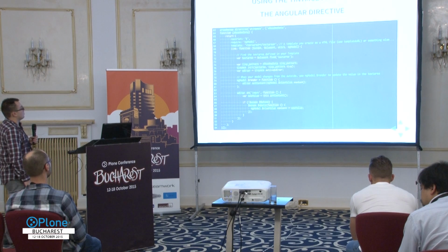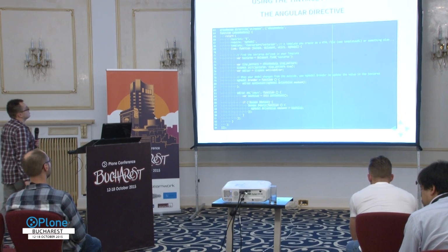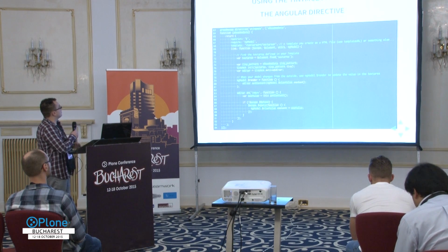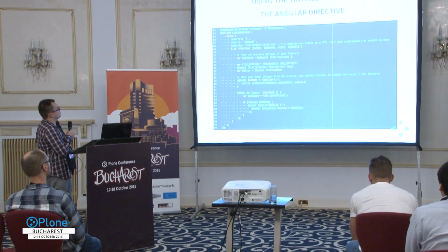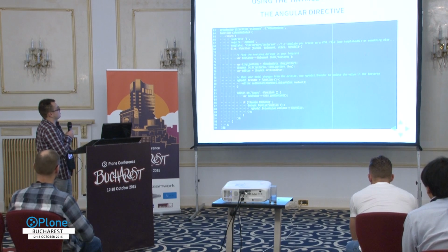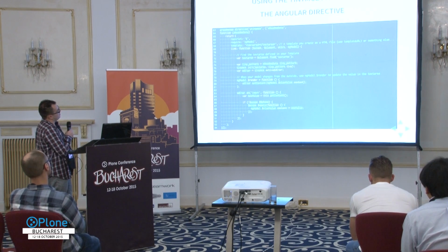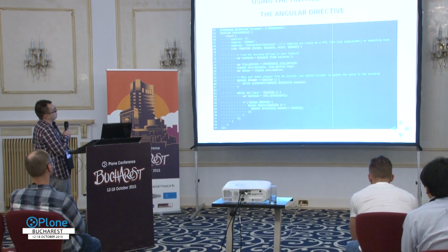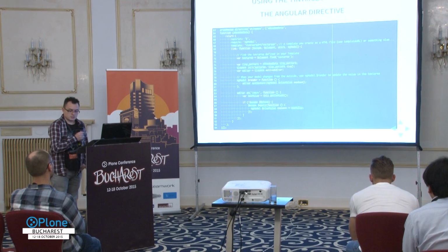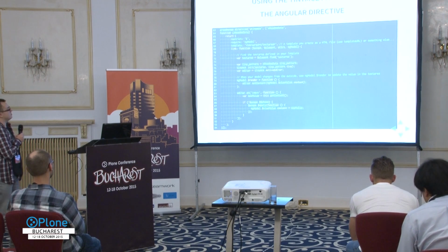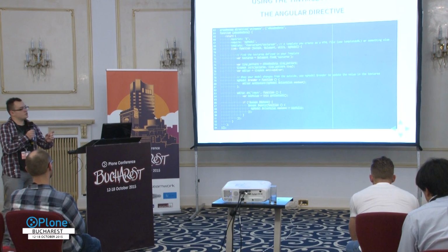Okay, this is the code. I'm not sure you can see it. This is the code for the custom directive. As you can see, this function is returning an object. The first attribute called restrict is set to E. This means that this directive is going to be attached just to the element.